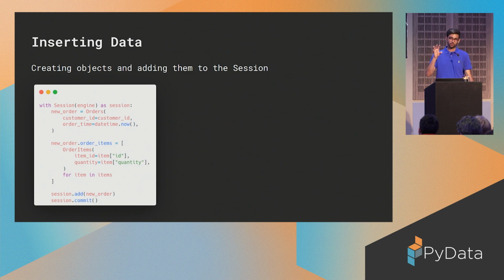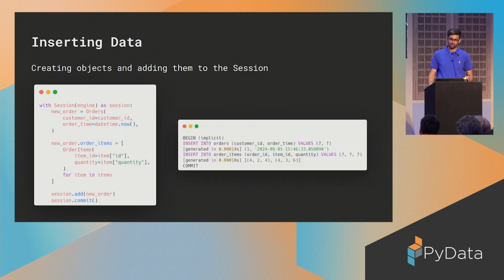And once you have your object ready, you can just add it to your session by using session.add. Right now it's still in pending stage, and we haven't inserted it into the database until we call session.commit. At this point, we have successfully inserted all of this data into the table. And this is how we insert things into a table using ORMs.